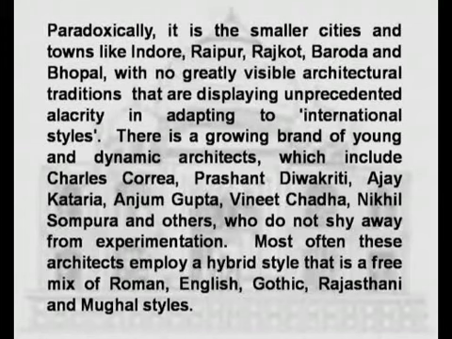There is a growing brand of young and dynamic architects, which includes Charles Correa, Prashant Divakriti, Ajay Kataria, Anjum Gupta, Vineet Chadha, Nikhil Sompura and others who do not shy away from experimentation. Most often, these architects employ a hybrid style that is a free mix of Roman, English, Gothic, Rajasthani and Mughal styles.